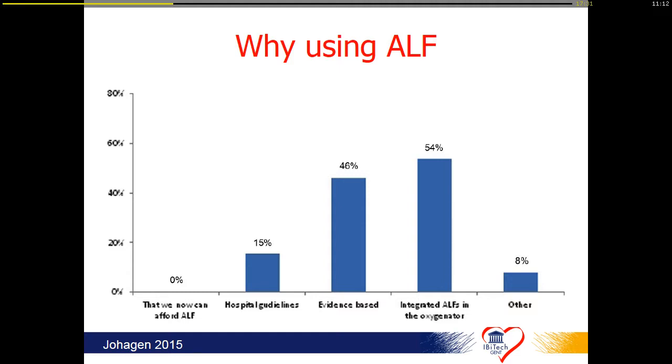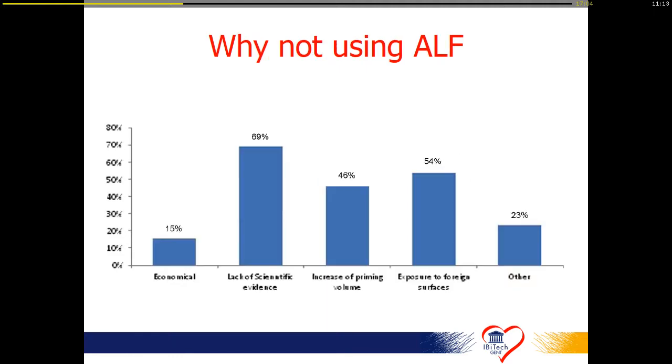Because it actually forces you to position the filter in the correct place, being as low as possible below the level of the patient. If we visit whatever center in the world, you still can find a lot of centers where the arterial filter is at the same level as the patient, and then it will give no protection in case of gross air. So this integrated arterial filtration actually forces you to use it in the correct position.